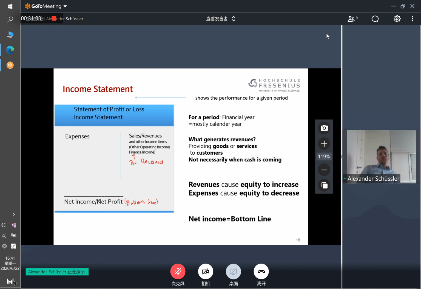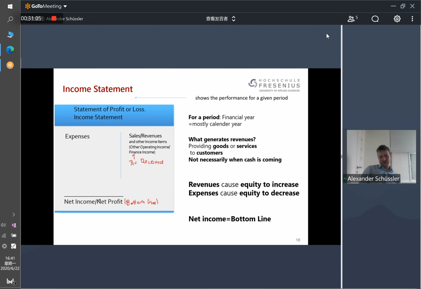The bottom line is then called a loss if expenses exceed revenues. So generally, revenues cause equity to increase, and expenses cause equity to decrease.